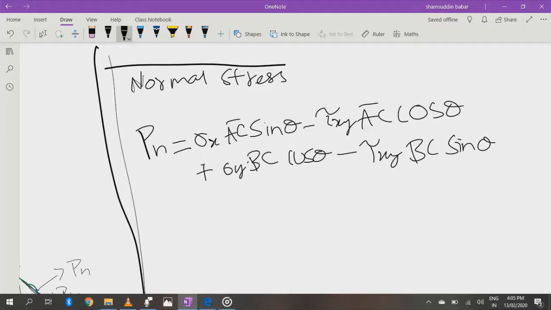These all are segments, we don't know their lengths, and it should be further.